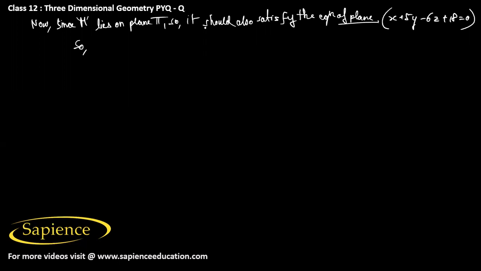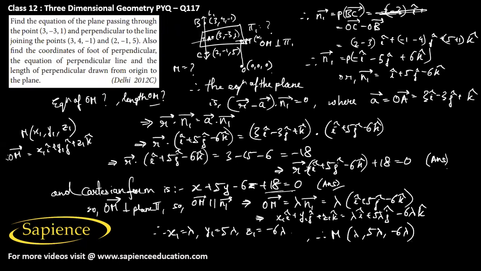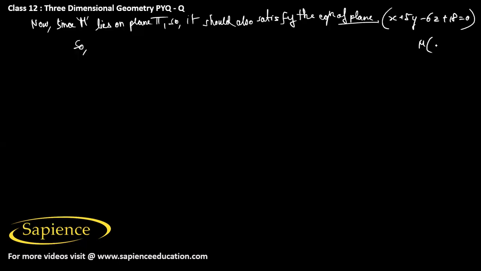And the point M is lambda, 5 lambda, and minus 6 lambda. So if we put these coordinates here, then we will get lambda plus 5 into 5 lambda minus 6 into minus 6 lambda plus 18 equals 0.